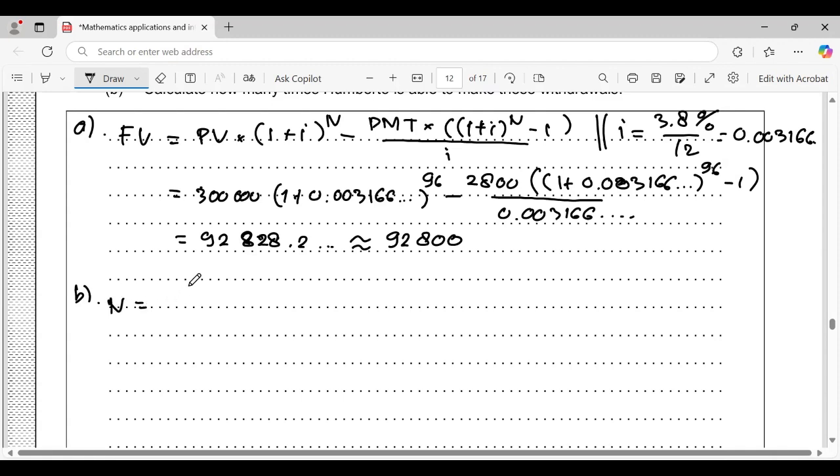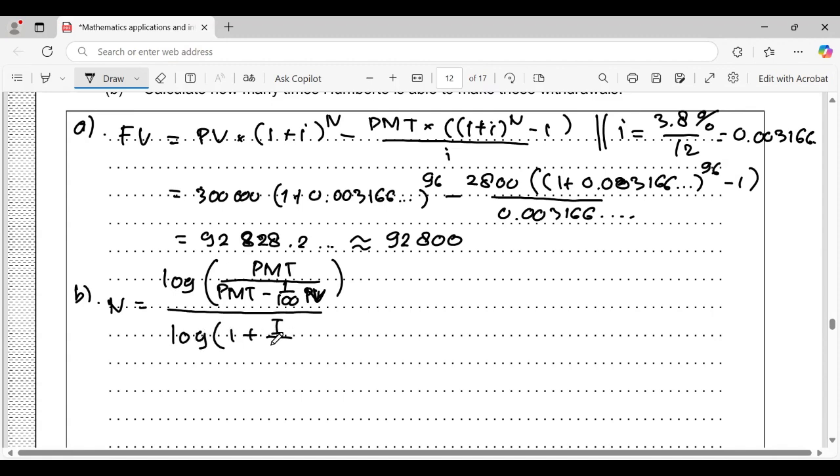N equals log of PMT divided by PMT minus i over 100 times PV, divided by log 1 plus i over 100.